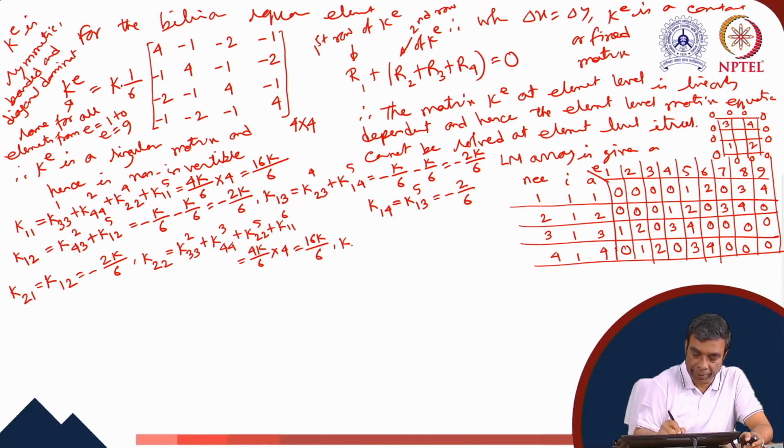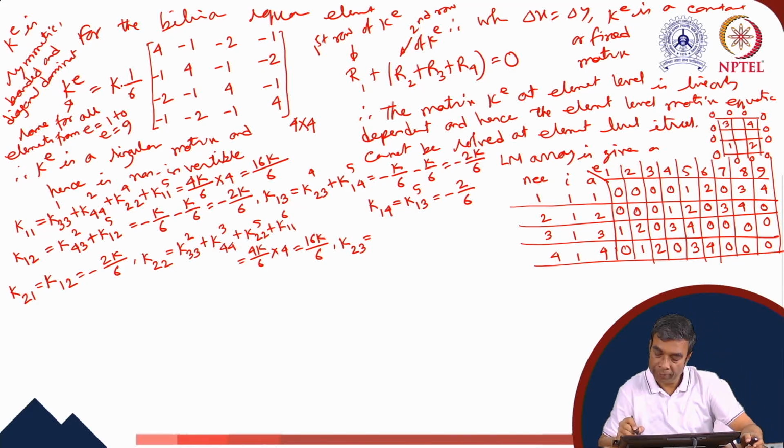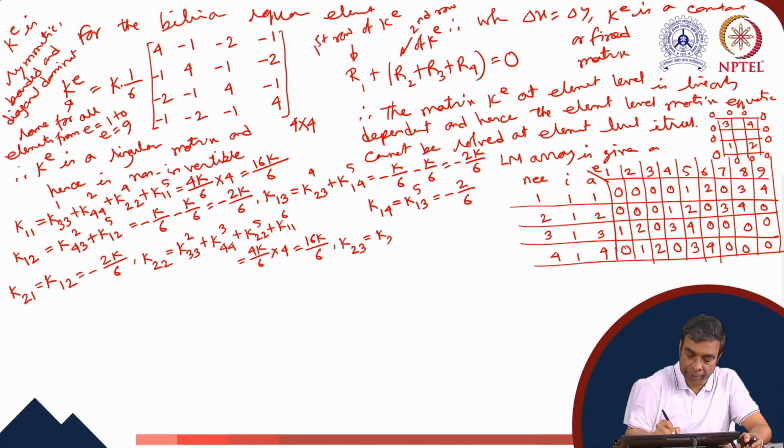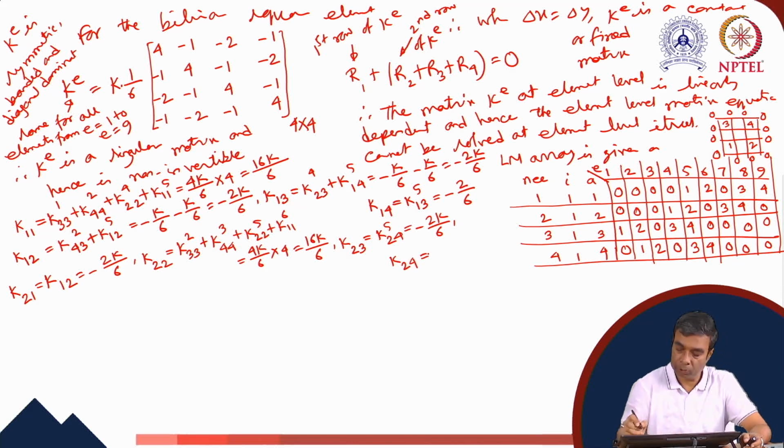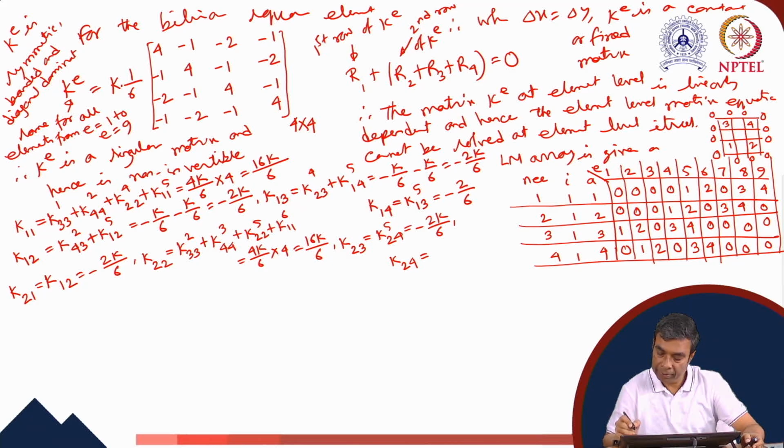Next we have K23. So for K23, 2 and 3 are simultaneously present only in the fifth element. So it is K^5_24, which equals minus 2K by 6. And K24: 2 and 4 are simultaneously present in two elements, elements 5 and 6.